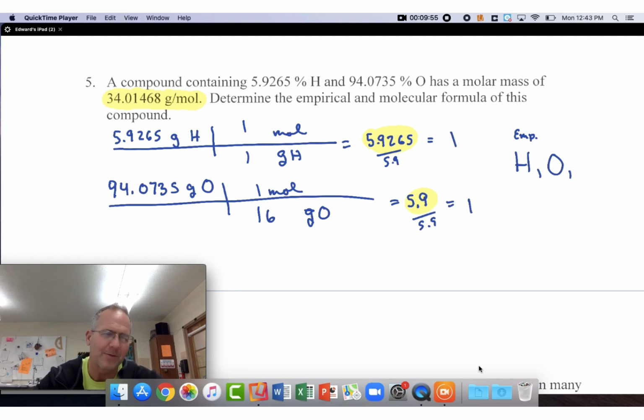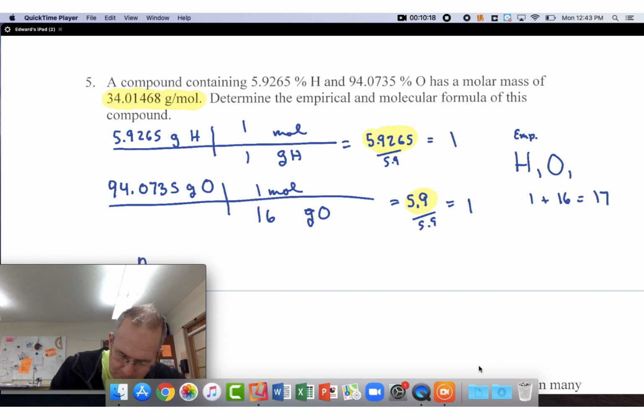We'll just say 34, right? Okay. So how much does the mass of just this one thing weigh? Well, we have 1 plus 16 equals 17. I got my math a little ahead of myself. So 17, right? And we want to know how many times 17 goes into 34.